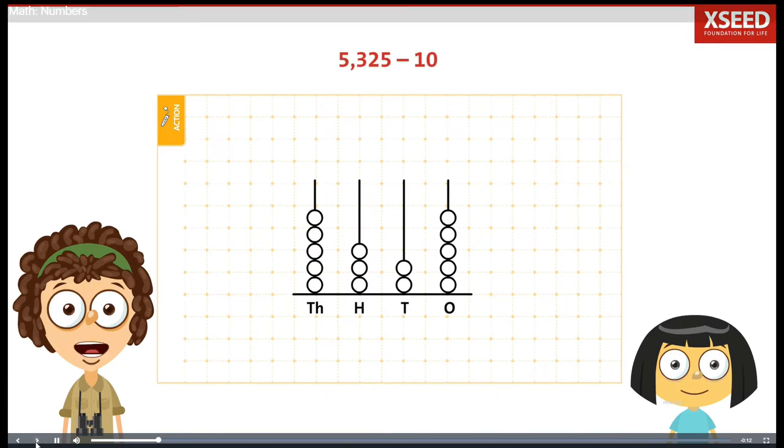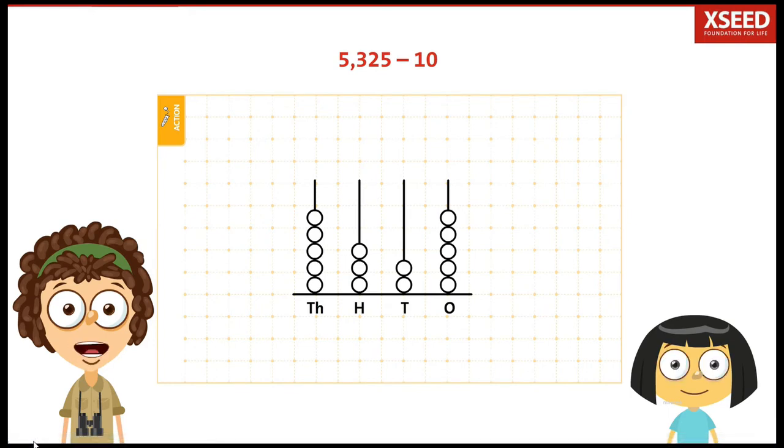Now, subtract 10 from 5,325 using the abacus. What is the new number? Write the answer in your journal.